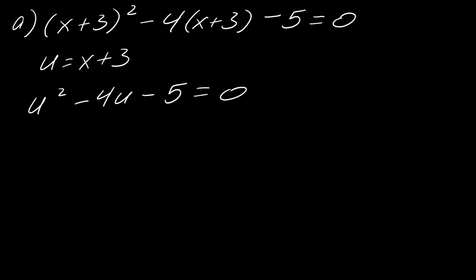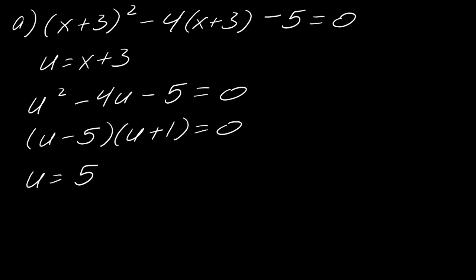So now what I want you to do is pause and then factor this and replace your u to see if you can figure out how to finish this. I bet you can. So if I go ahead and factor this, I get u minus 5 times u plus 1. So I get u equals 5 or u equals negative 1.